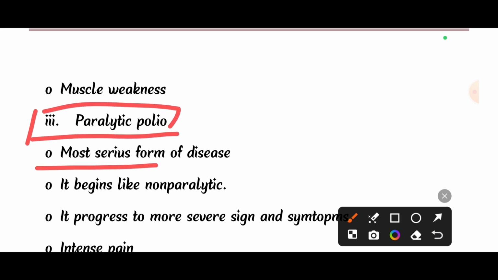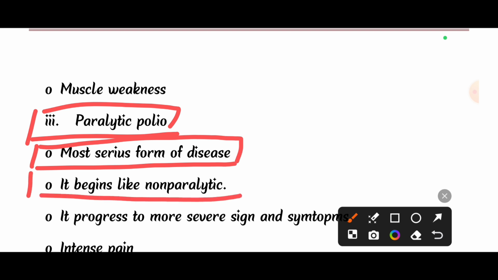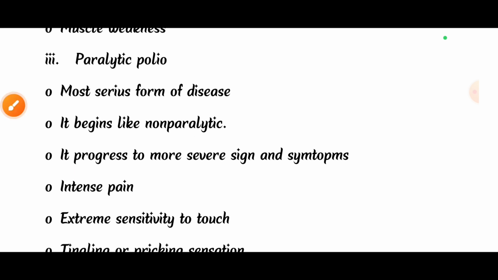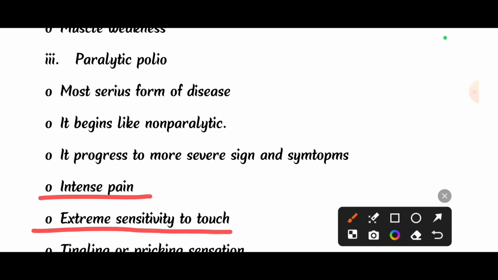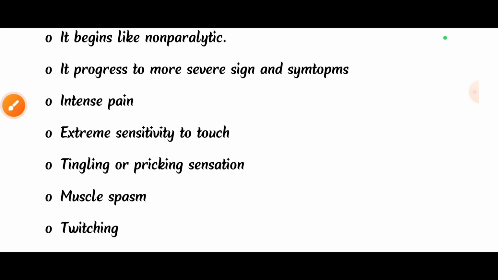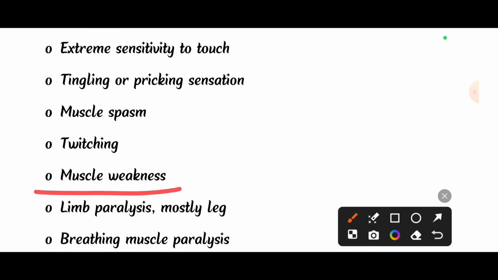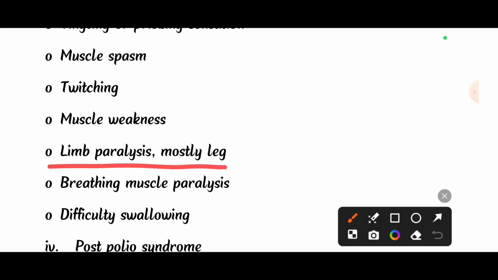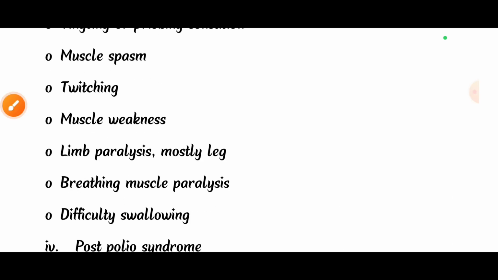It is the most serious form of the disease. It begins like non-paralytic polio, but progresses to more severe signs and symptoms: intense pain, extreme sensitivity to touch, tingling and prickling sensation, muscle spasms, twitching of muscles, muscle weakness, limb paralysis mostly in the legs, and breathing muscle paralysis.